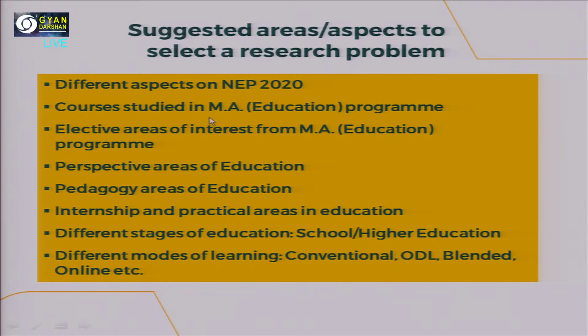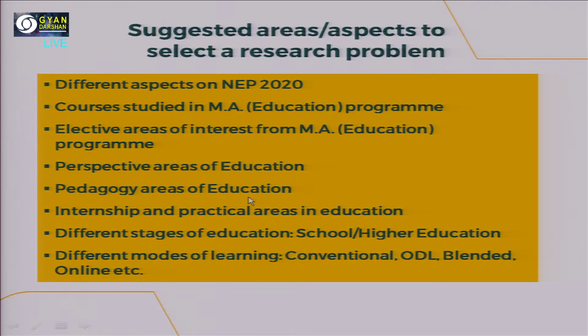Then courses studied in the MA education program that you have studied in the first year and second year of your program. Then elective areas of interest from the MA education program that are included in the second year. Then prospective areas of education, it may be the philosophical construct of education, psychological construct, technological construct, or historical perspective of education, that will also help you in selecting a problem.